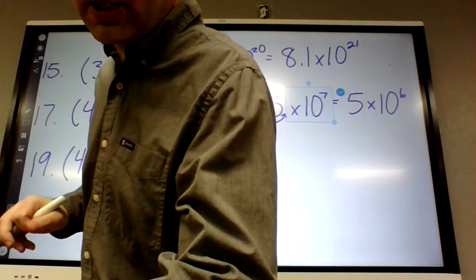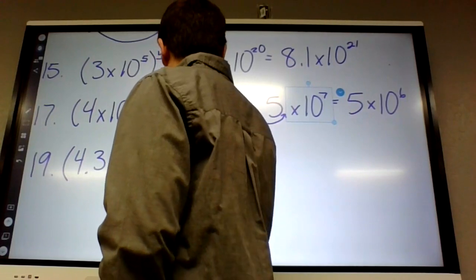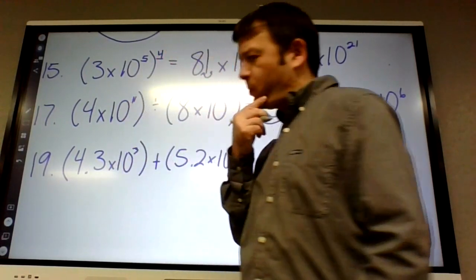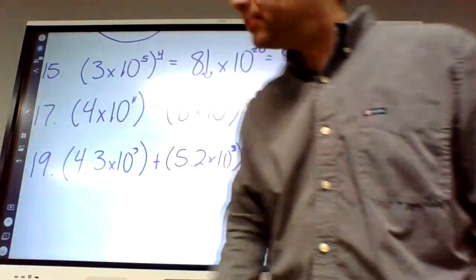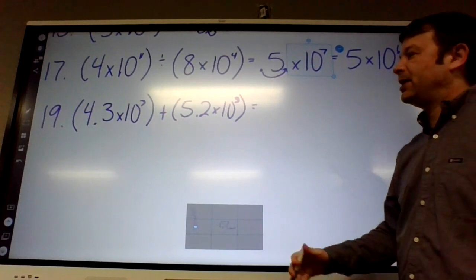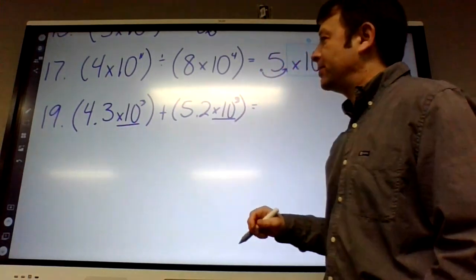Let's see, plus 5.2 times 10 to the third. Are these like terms? Yes. They're like terms because these are both 10 to the third.